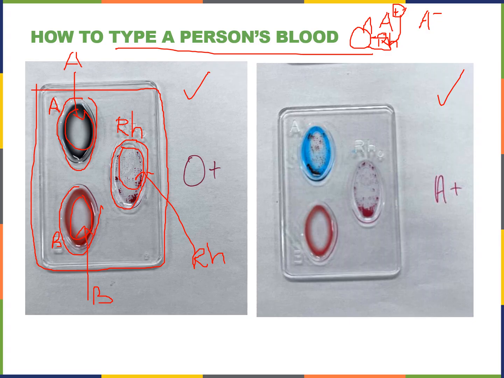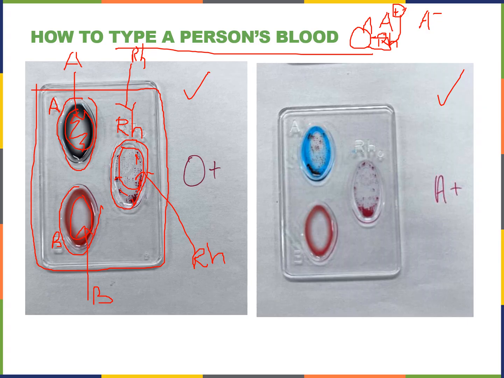Now, if we get agglutination, you see, a drop of blood will remain kind of smooth looking, like this one is very smooth looking, whereas this one has got little clumps happening around here. So whenever we see little clumps, that means there's agglutination. And agglutination means that the antibody that you added was able to find its antigen and cause agglutination.